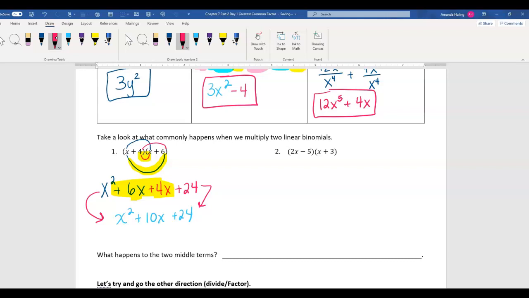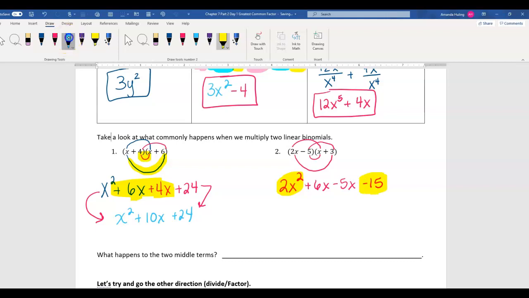So if I go ahead and do 2x times x, that's 2x squared. And if I go ahead and do 2x times 3, I get 6x. And then I'm going to do negative 5 times x. And I'm going to do negative 5 times 3. Now notice again that those two upper ones, these two, didn't change.